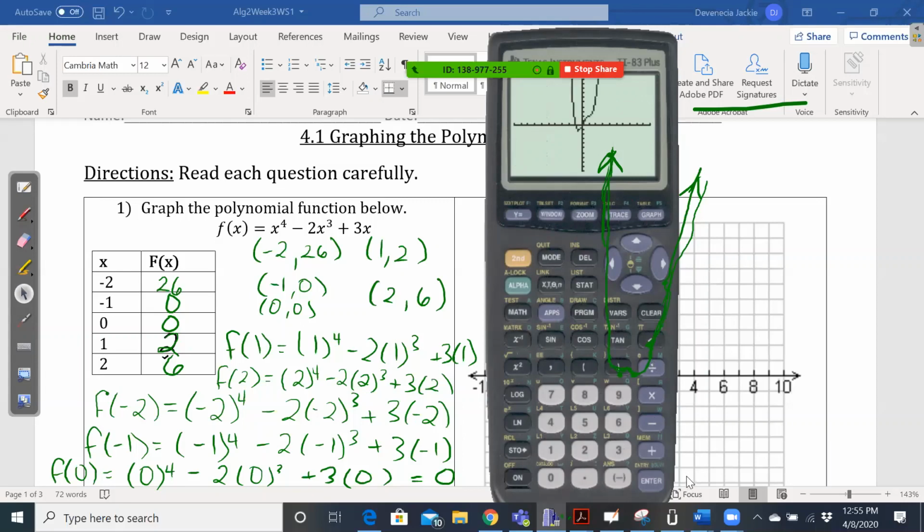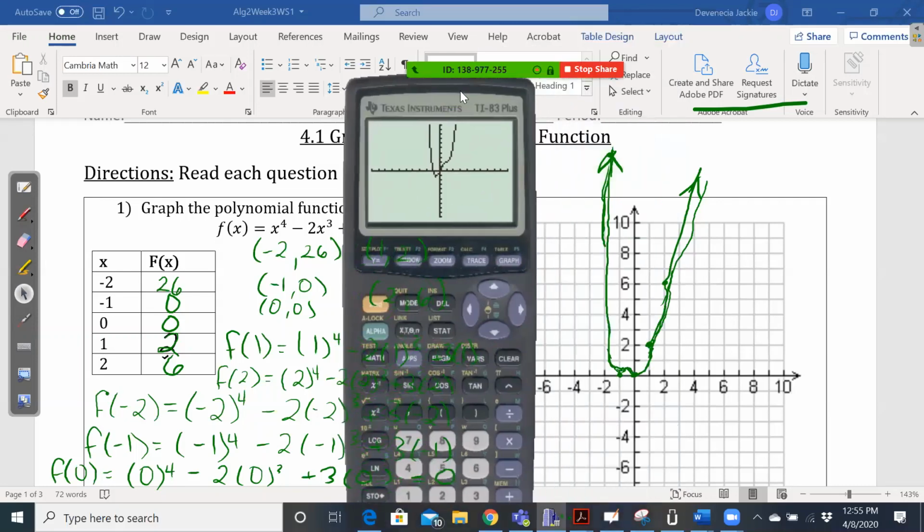Yeah, so it's going to look like that. So that's similar to what we have, in a way, with both my endpoints going up.